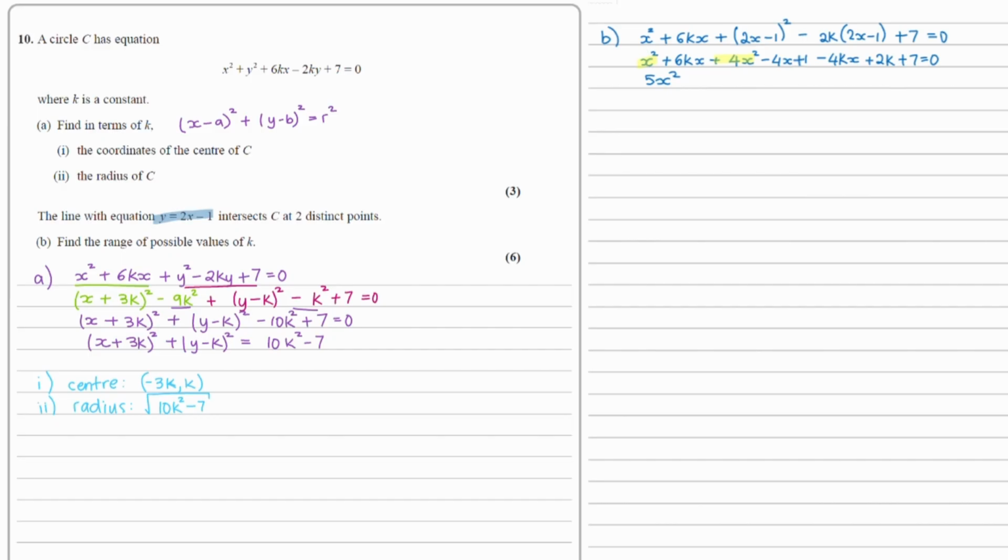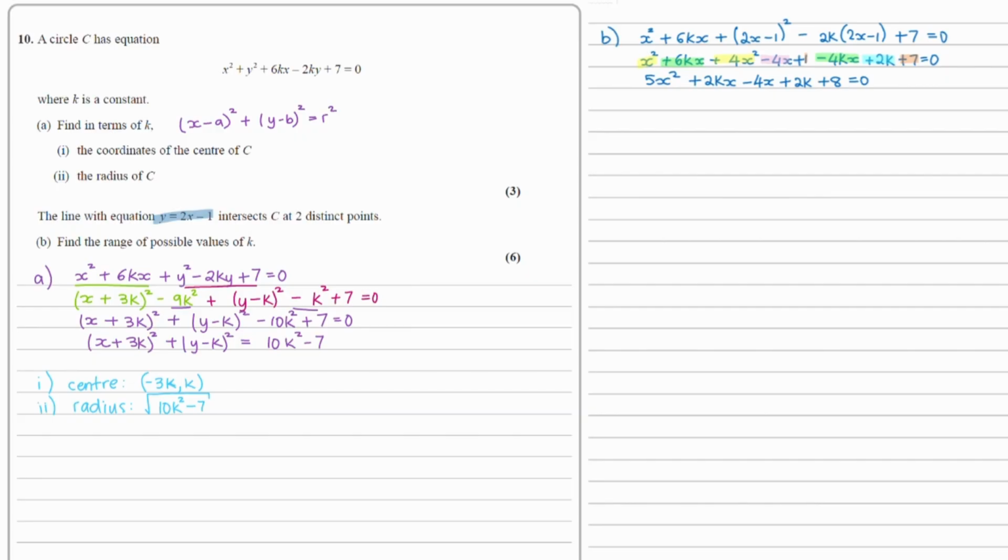We then have terms which have both k and x, which are 6kx minus 4kx, and that would give us plus 2kx. We've then got the x term, which is just minus 4x. We've then got a term with just k, which would be plus 2k. And we've then got the number terms, which are plus 1 and plus 7, which gives plus 8. And this is equal to 0.